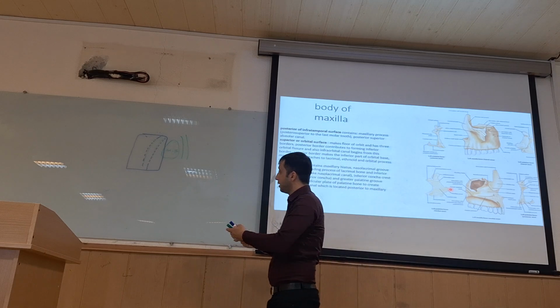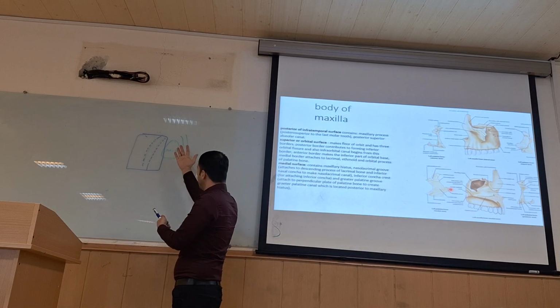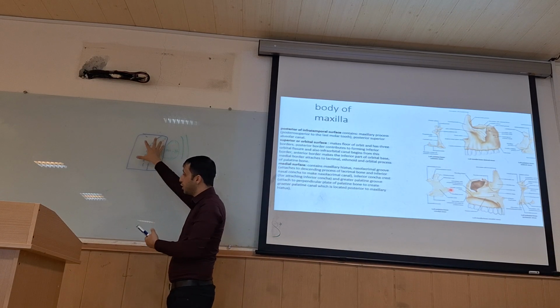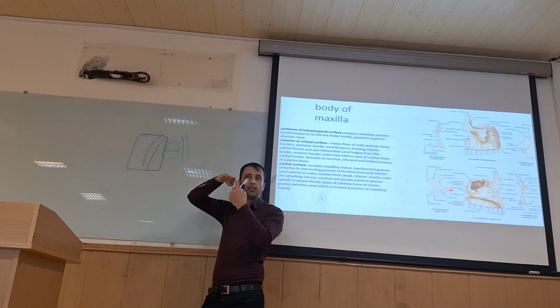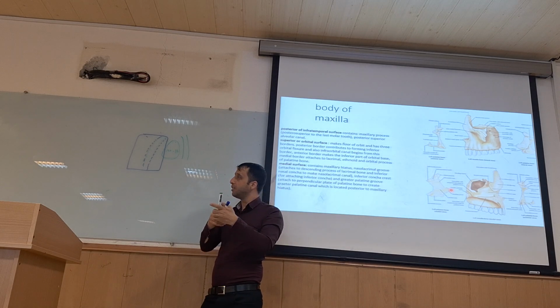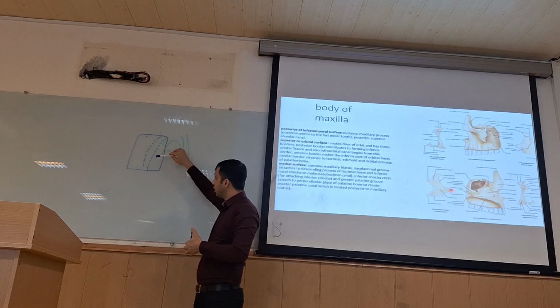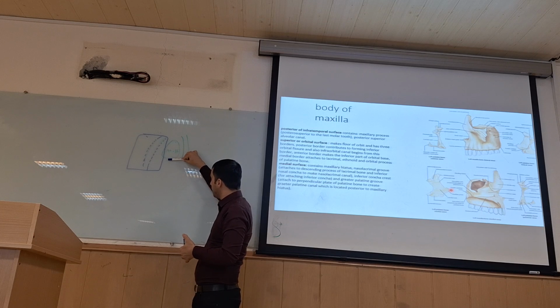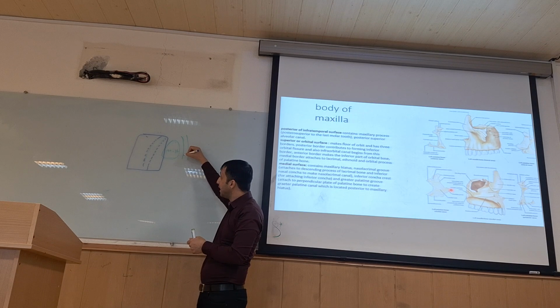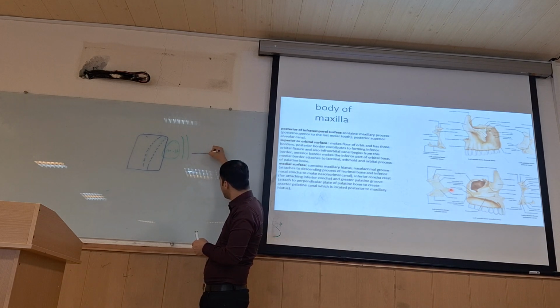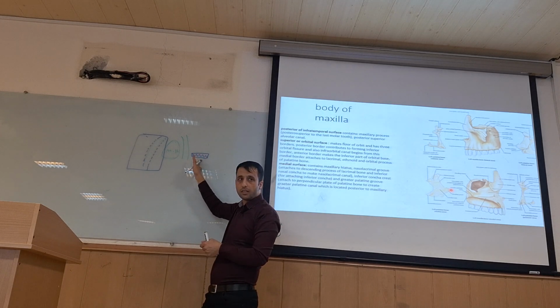Because I said that here is the site of attaching perpendicular plate, and inferior nasal concha connects horizontally in the lateral wall of nasal cavity here, just like this, then connects at this area. So I say that anterior to this groove, what was this groove? The nasolacrimal groove. Anterior to nasolacrimal groove, I have a crest, which is named conchal crest.